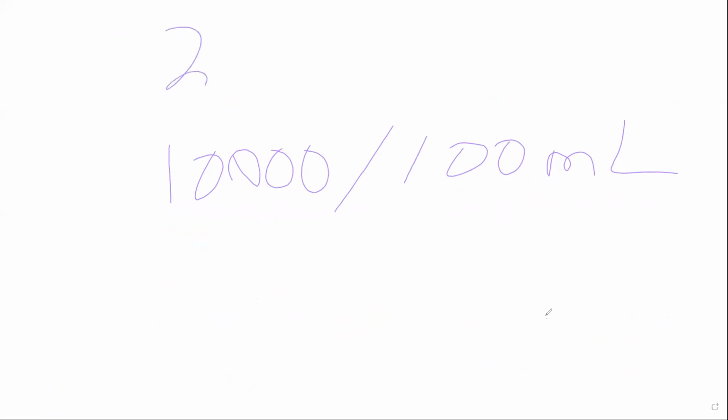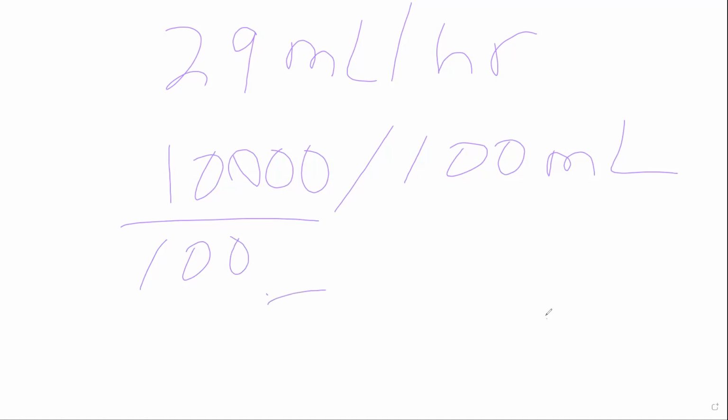Again, we had 10,000 per 100 ml. And we're running at 29 an hour. Ten thousand divided by 100 equals 100.